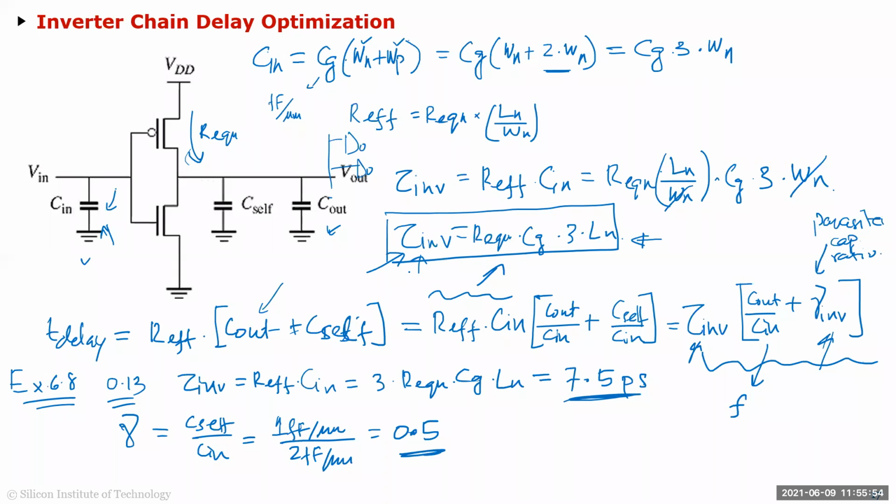We use that tau inverter, the delay of the inverter, and formulated the delay this guy will take to charge the C out and its own parasitic cap in terms of this tau inverter, which we calculated as the self delay times the output cap divided by the input cap plus the parasitic cap C self divided by the input cap. So that's the total delay.